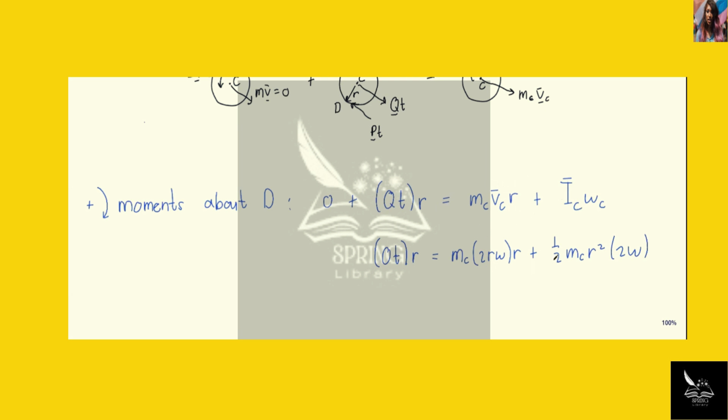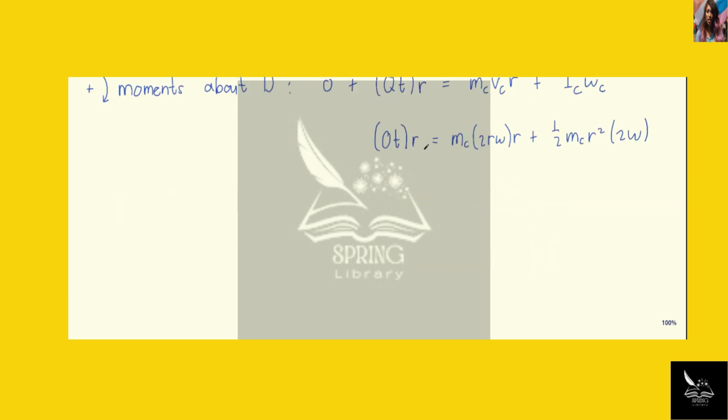We're just writing in our values for each of these variables. If we simplify this, we are left with Q times t, our impulse Qt, is equal to 3 times the mass of disk C times r times omega. We'll call this equation 1. We have too many unknowns here to solve for this.